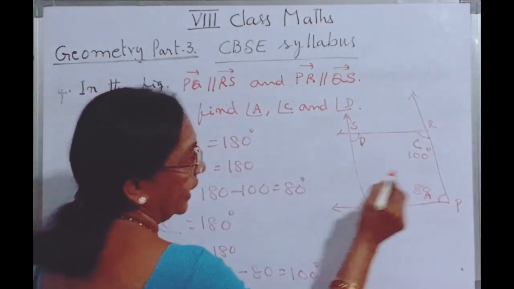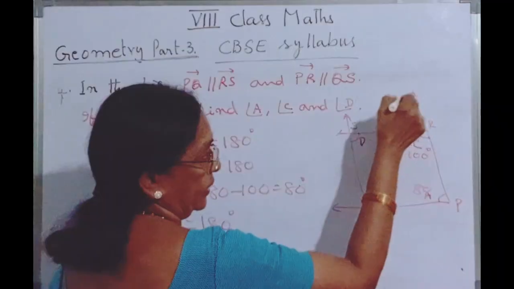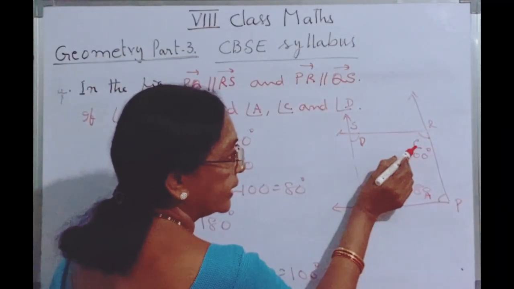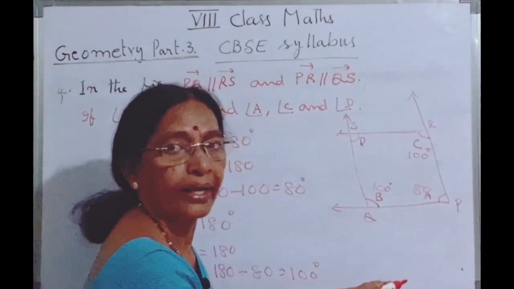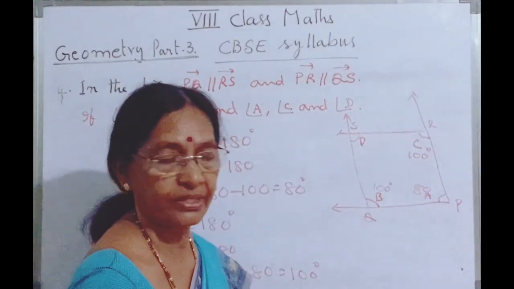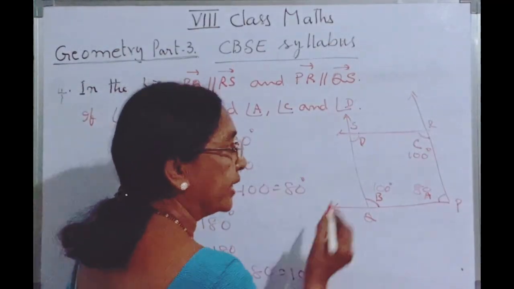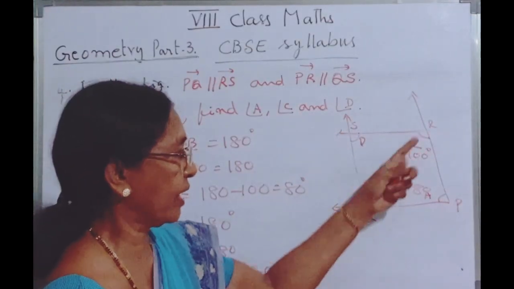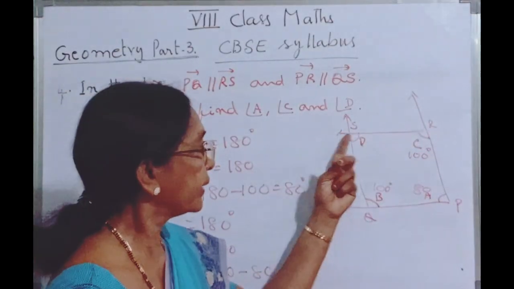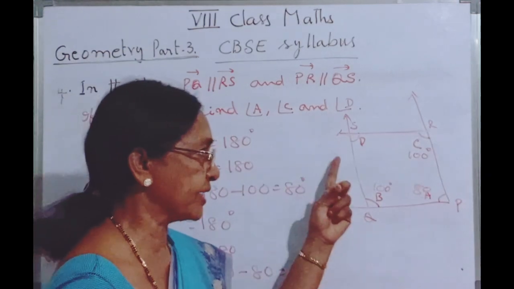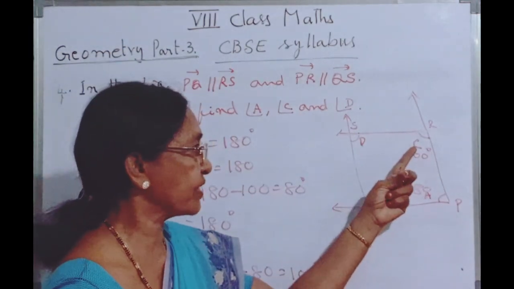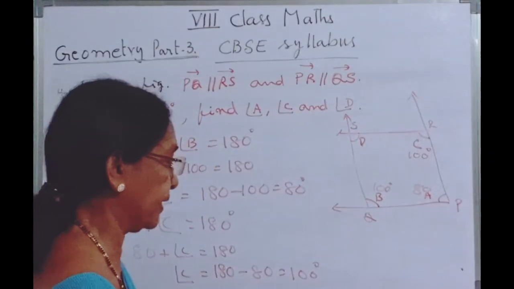Now, taking these two rays parallel to each other and RS as the transversal, angles C and D are interior angles lying on the same side of the transversal. As QS and PR are parallel, taking RS as the transversal, C and D are supplementary.